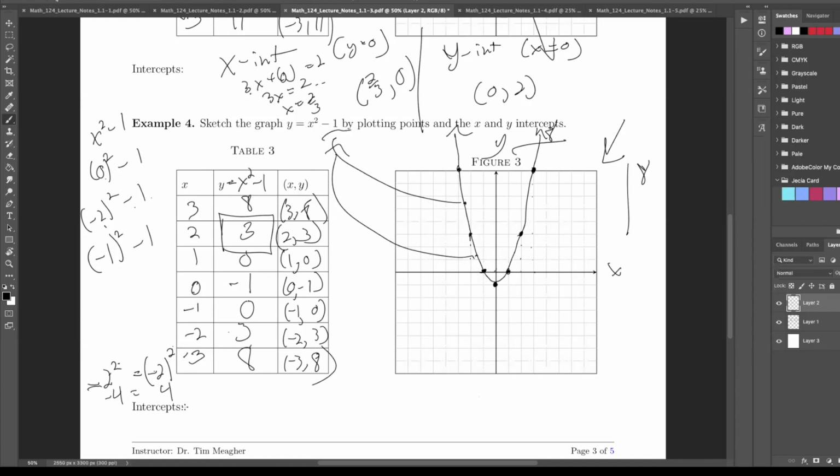All right, so let's talk about intercepts here. Let's have our x-intercept on this side. This is where y equals 0. And we'll have our y-intercept on this side. And this is where x equals 0. Luckily, by design, they're all on the graph because we'll solve quadratic equations later, right?